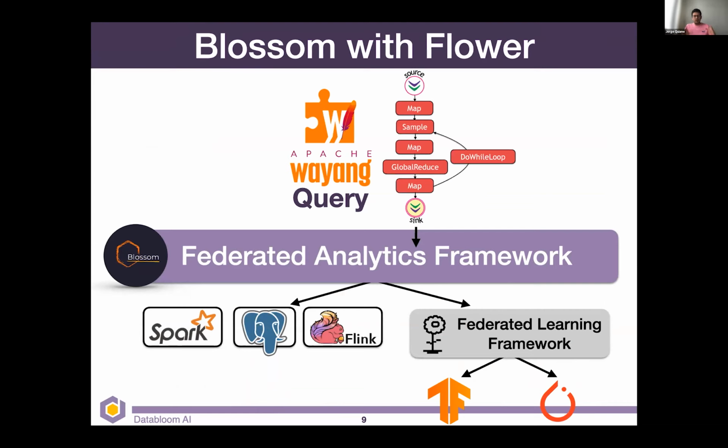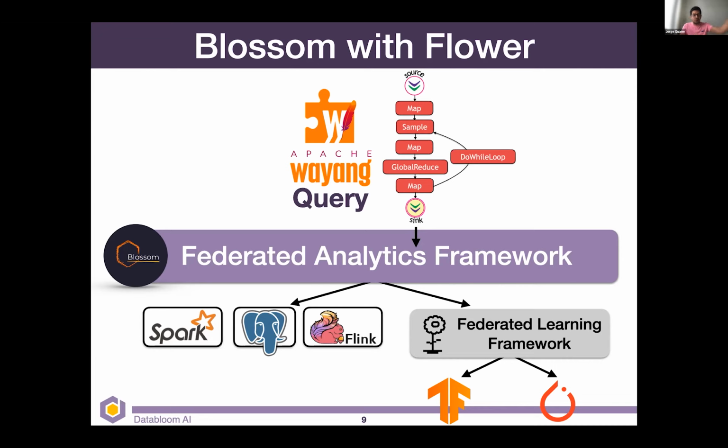The architecture looks like this: we are leveraging Apache Wayang, the cross-platform core that does all the query processing over multiple platforms like Spark, Postgres, Flink, and so forth. For the federated learning part, what we are building now in Blossom leverages Flower, so that we do all this translation.